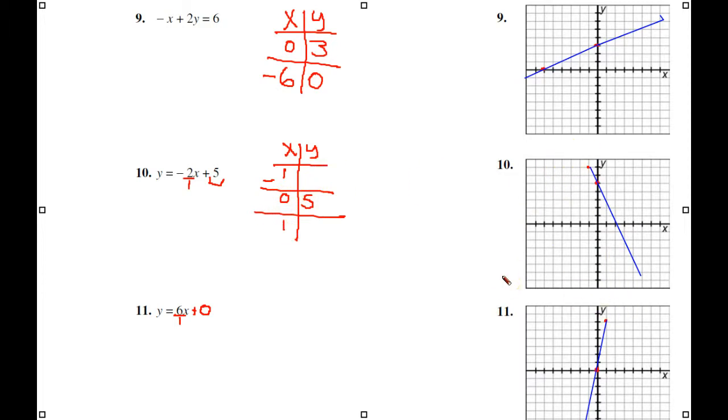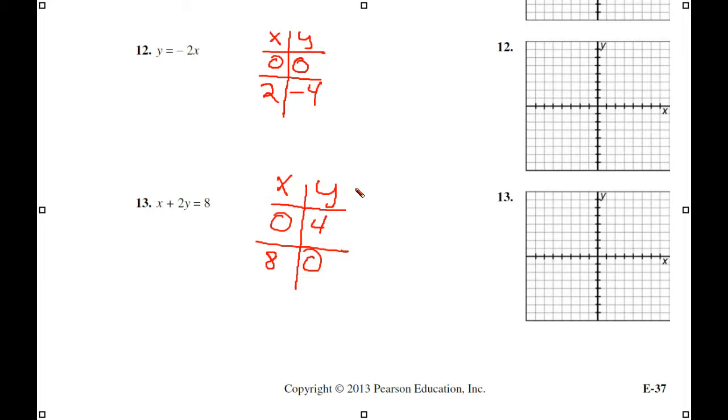Okay. All right, here are some more. Now, instead of using slope-intercept to graph this one, I made a chart. Again, it's sort of a backup. So we know it's going to go through the origin. And we have 2 and a -4. So 1, 2, and then down 4. 1, 2, 3, 4.